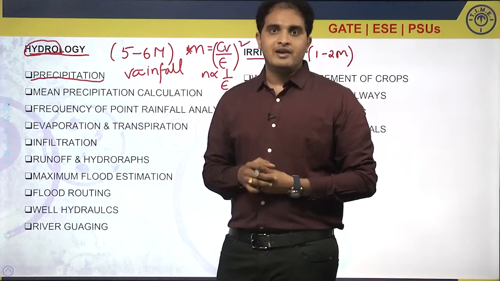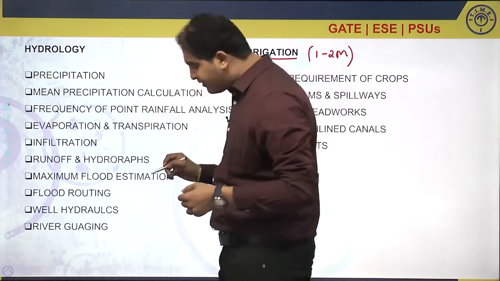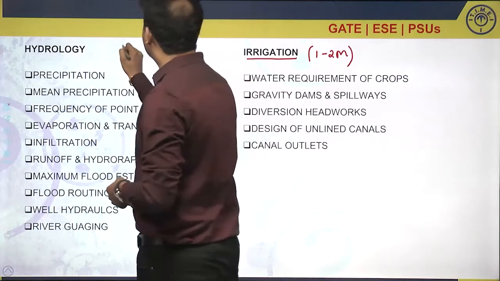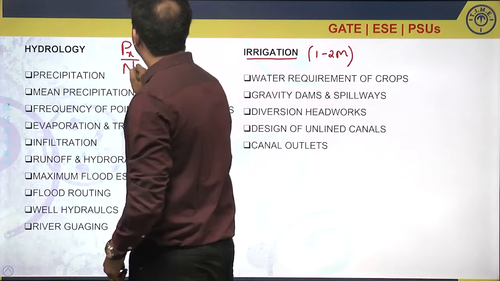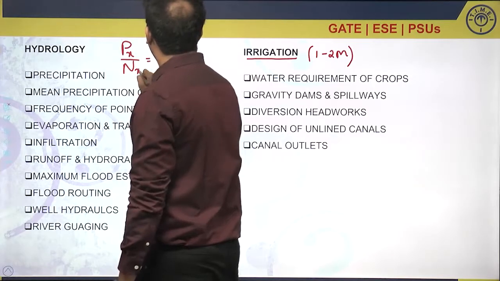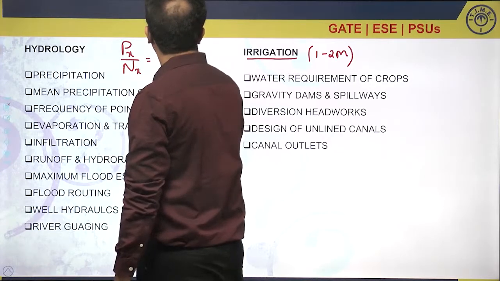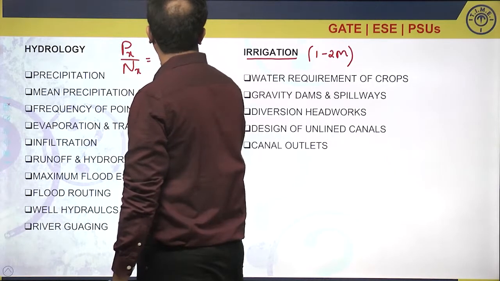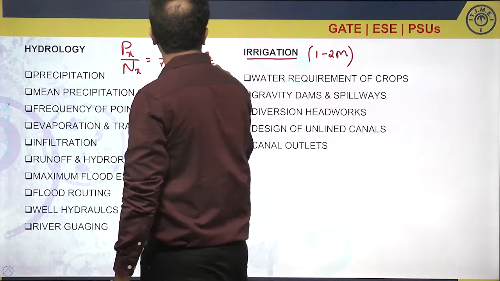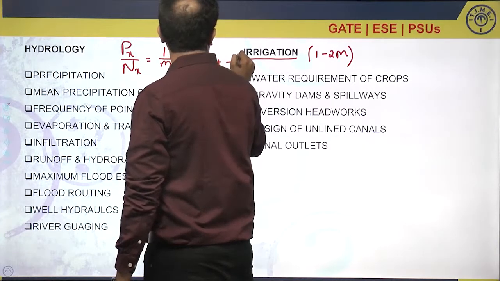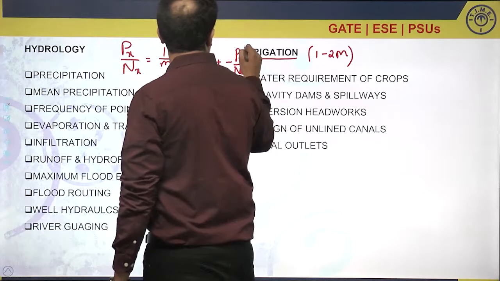How to solve this normal ratio method? We have a formula for it: Px by Nx is equal to 1 by m into (P1 by N1 plus P2 by N2 plus so on, Pn by Nn).